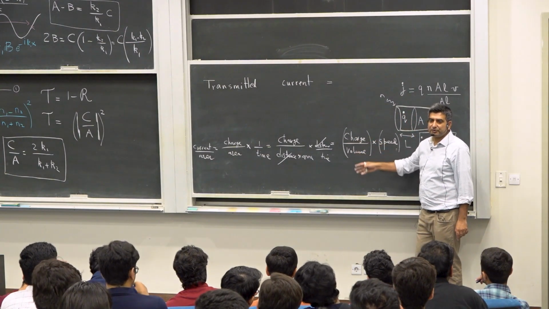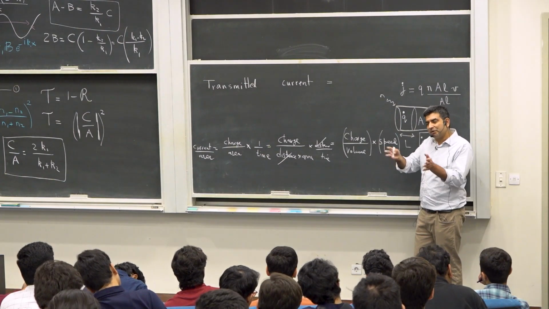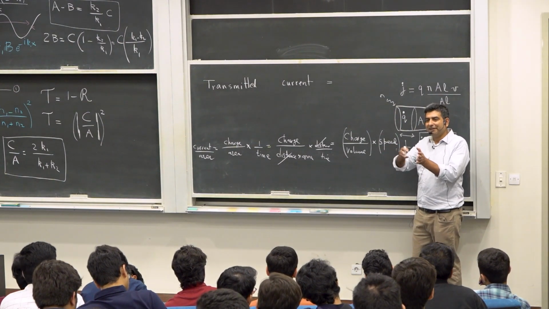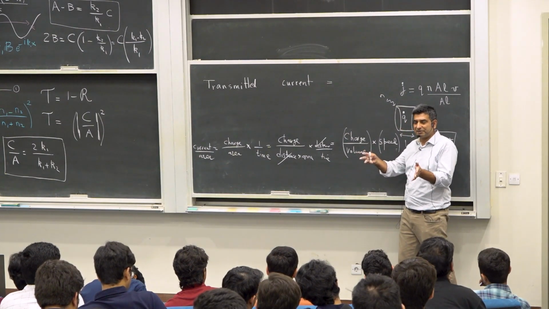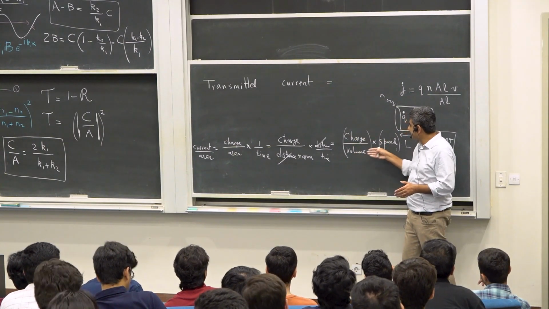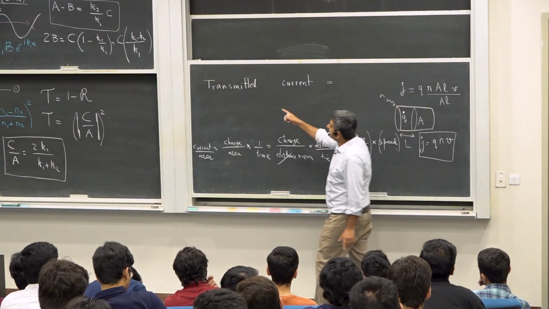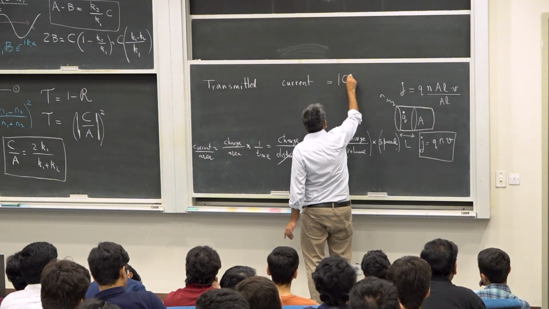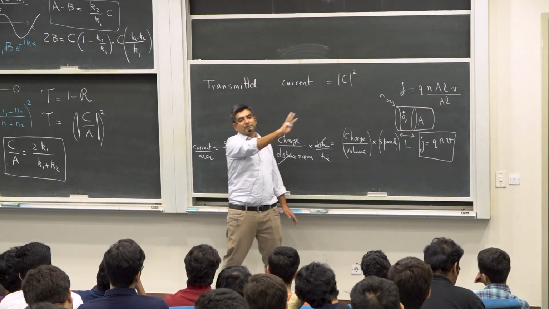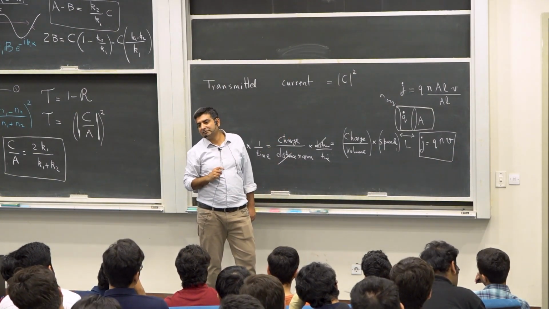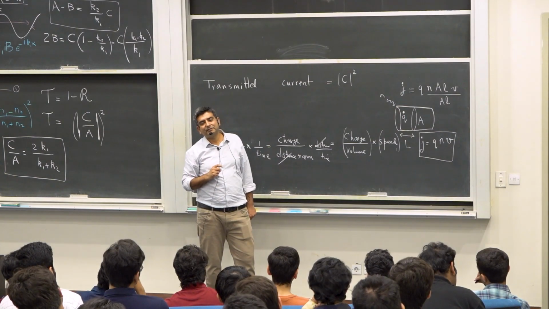The charge per unit volume is the probability density. What's the probability of locating the particle in a certain amount of length? Replace the volume with the length because we have one dimension here. So this is the probability density multiplied by the speed. So the transmitted current is C, which is the probability density on the right of the barrier, multiplied by the speed. But what is the speed?